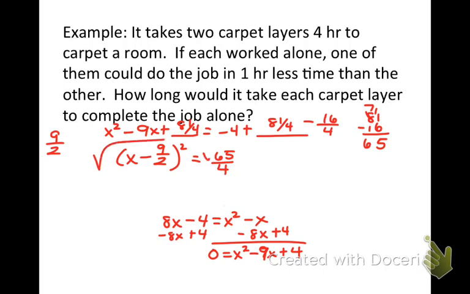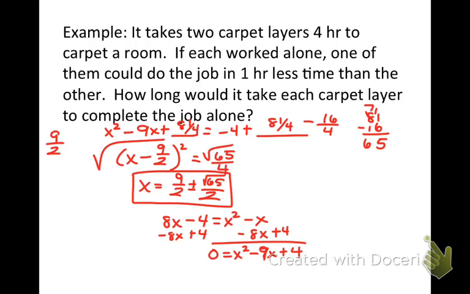Square root. So I would get x equals 9/2 plus or minus root 65 over 2. So any perfect squares come out of 65? I don't think so. Nope. Look at that. Did you guys get that with the quadratic formula? Did you get the same thing? Yeah. There you go.